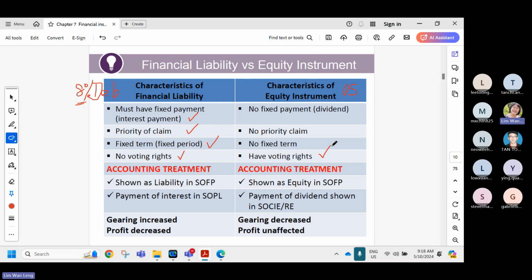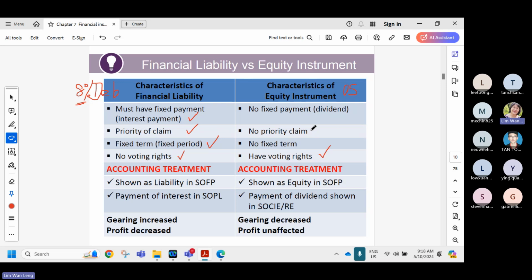This will also be the case when we want to see whether we have any parent-subsidiary relationship or not. Of course, we only look at the ordinary shares that were acquired by the other entity. Correct or not? We don't look at debentures. We don't look at preference shares because those do not have any voting rights.